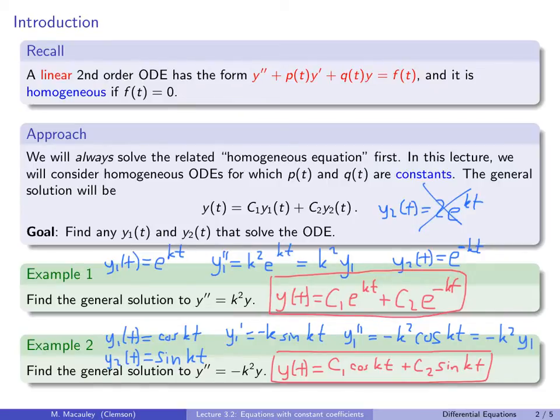Now, one question that I sometimes get in an in-class lecture at this point is, why doesn't this equation solve this ODE? Doesn't this also work? So think about it a moment and think why I claim this does not solve this equation.